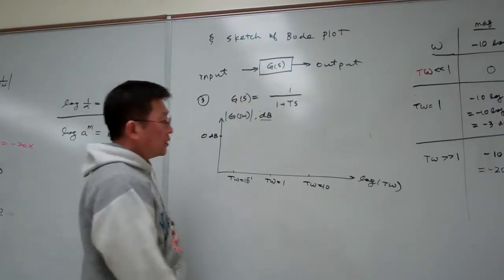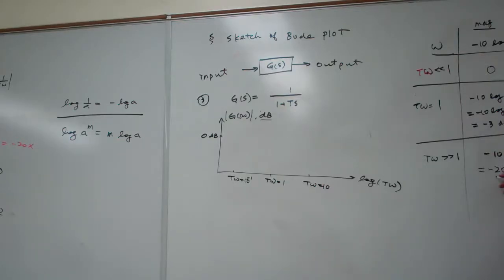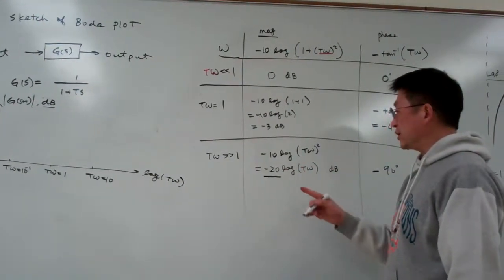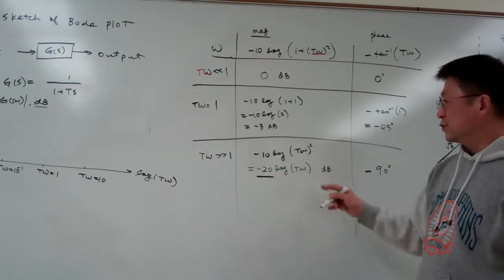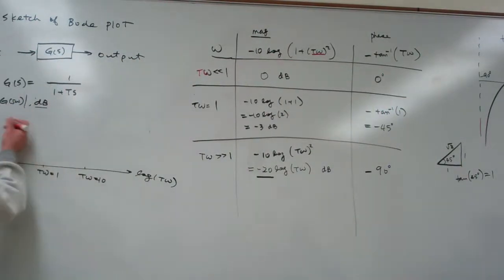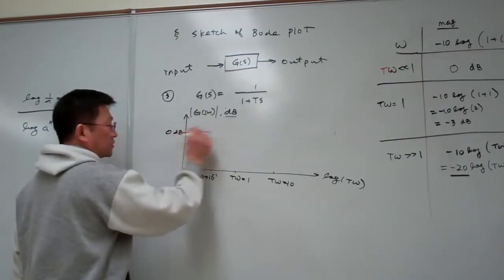And when T omega is very large, the slope is minus 20, minus 20 decibel per decade. So basically here we can plot something like this. When T omega is small, we know that is a constant, something like this.